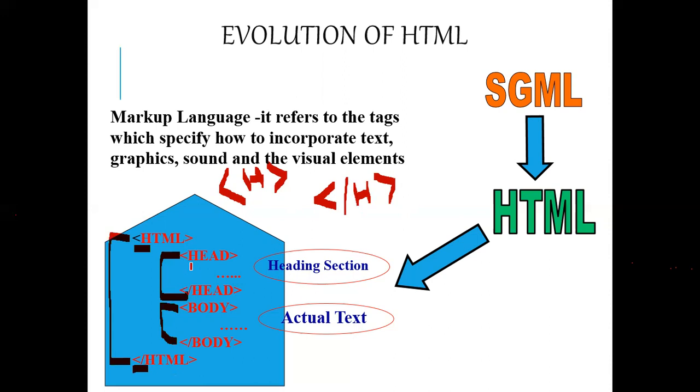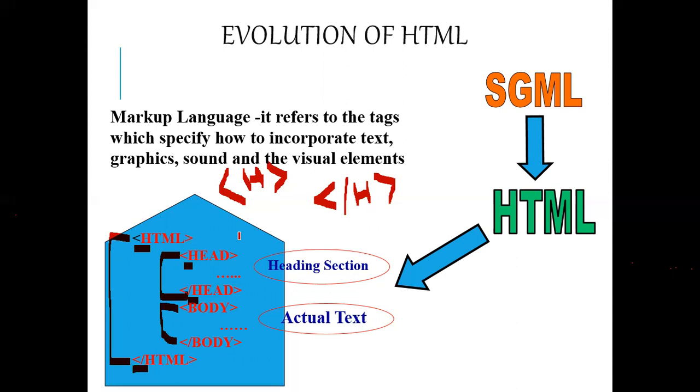Like that, I have the head section: this is the opening of my head section, this is the closing of the head section. Normally all the tags in HTML have an opening and a closing. There are some tags which don't have a closing tag, which we'll discuss a little later.